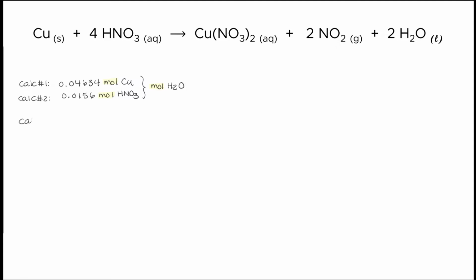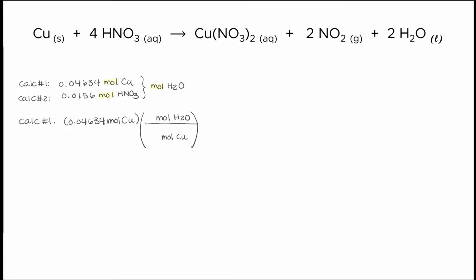So for calculation number 1, starting with what we're given, 0.04634 moles of copper. We set up our stoich step. Moles of copper will be in the denominator, so the units will cancel, and moles of water will be in the numerator.